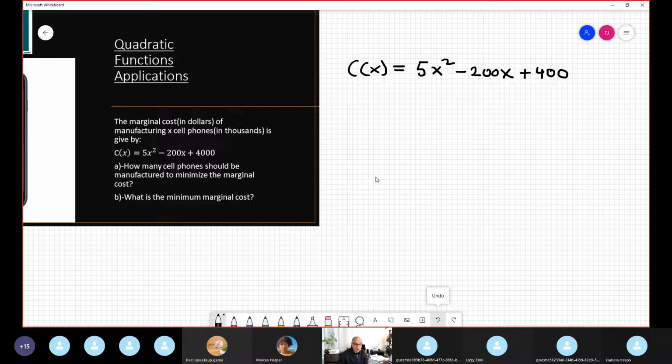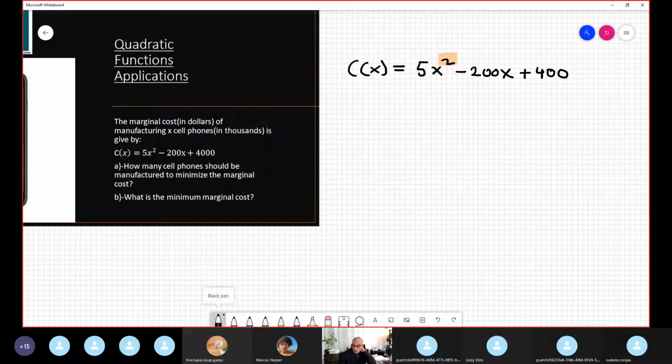Okay, so my question, the question says, how many cell phones should be manufactured to minimize the marginal cost? Okay, minimization. And second is what is the minimum marginal cost. Okay, no problem. So now, this is also a parabola, yes or no? Because it's quadratic. Look at that. These two indicate also it is quadratic.